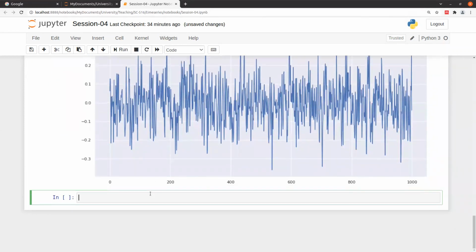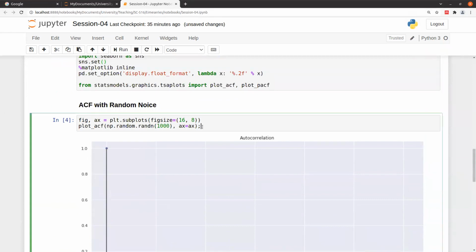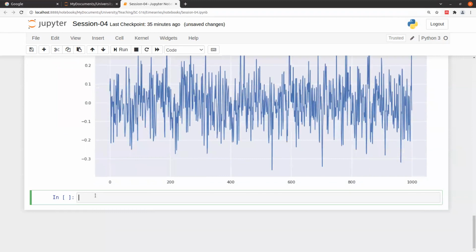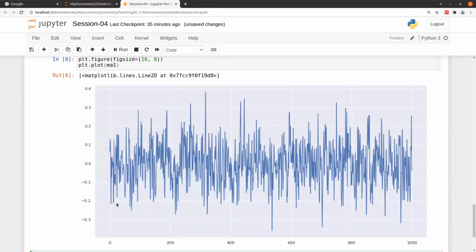Okay, then let's print the ACF plot. Actually we can copy it from previous. Just paste. Instead of these, we can set MA1.